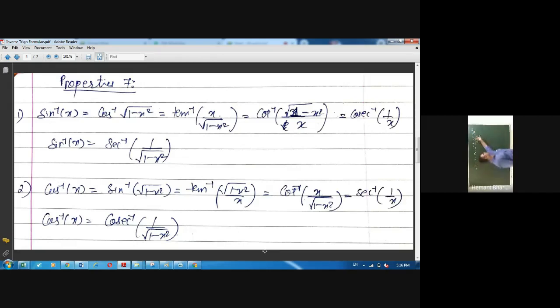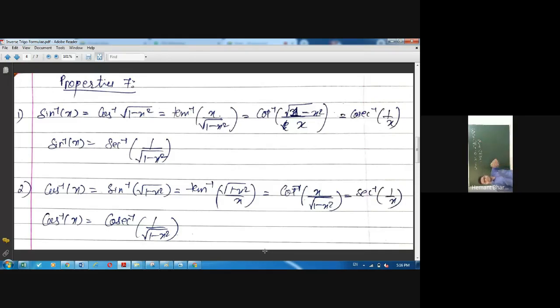We write the reciprocal because cot is the reciprocal of tan. Similarly, for sec inverse you will write the reciprocal of cos, so cos you already know, it will become under root of 1 minus x square over here. And similarly, it will be cosec inverse of 1 upon x.